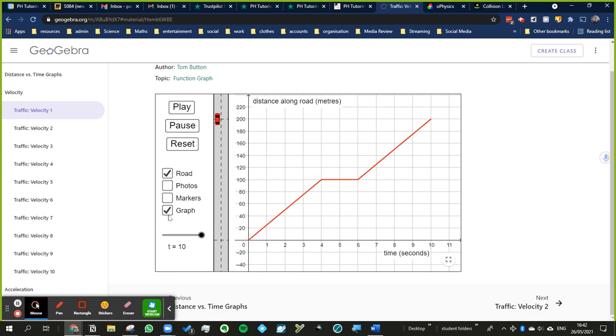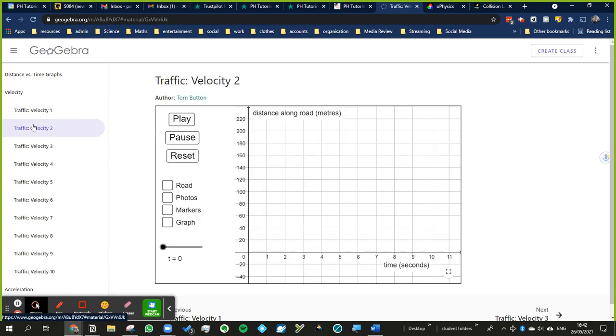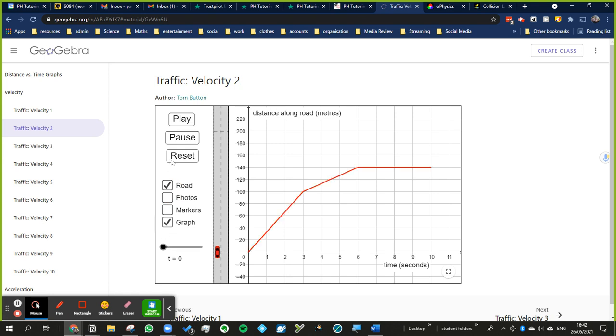So this is a good way to see clearly that a flat line is not moving, and that if it was going faster, it'd be steeper. There we go, he's going faster, then he slows down, and then he stops.